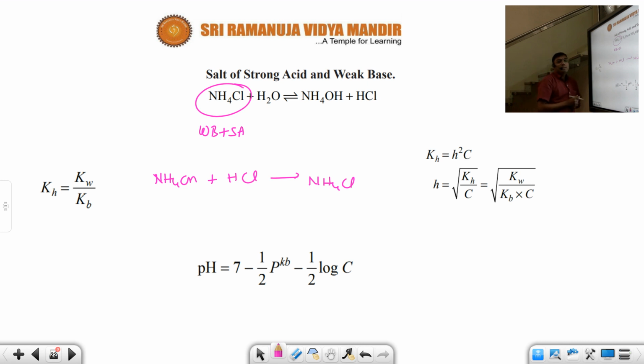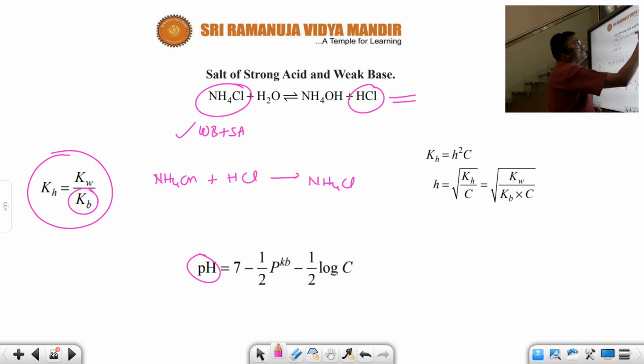Now, students, you have already learned extensively how in salt hydrolysis the hydrolysis constant, the degree of hydrolysis or pH values are found. These are the formulas which you have to bear in mind. Because it is a weak base, you get Kb, and the solution is always acidic, because you got a strong acid.